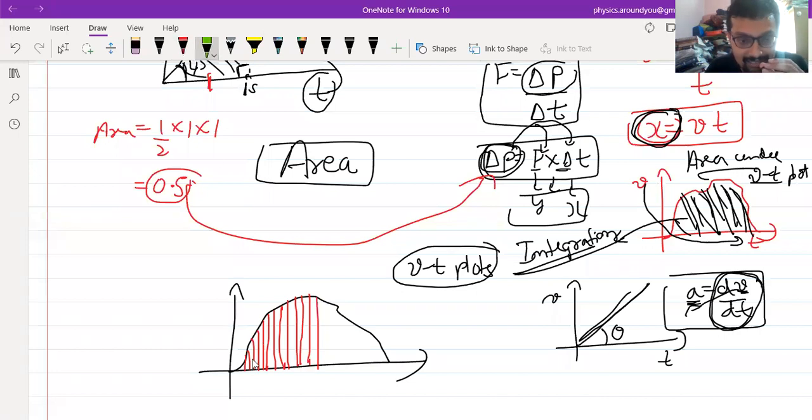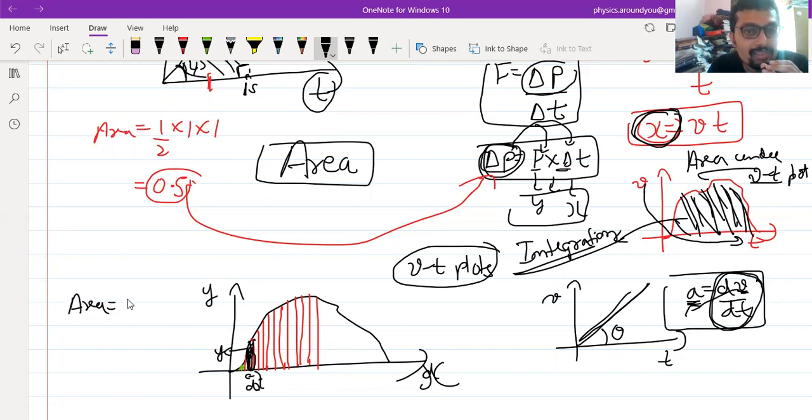So these are the small strips. What is the width of the strip? Let us say this is the x-axis, this is the y-axis. The small width will be dx. What is this? This is the y coordinate, isn't it? So what is the area of this small strip?